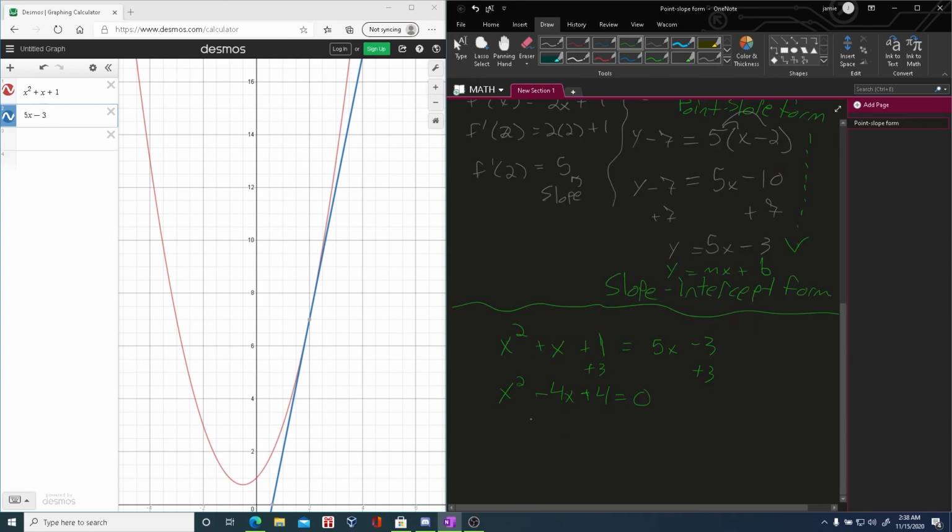As you can see right here, this is just going to factor down to x minus 2 times x minus 2, which will once again factor into x minus 2 squared equals 0. Let's not forget to set it equal to 0 this whole time. The only way to make this true is if x equals 2.